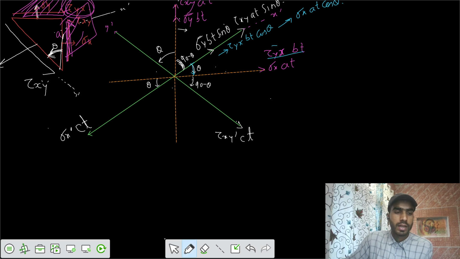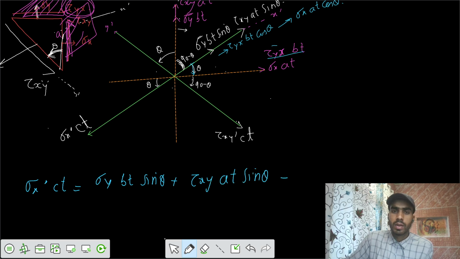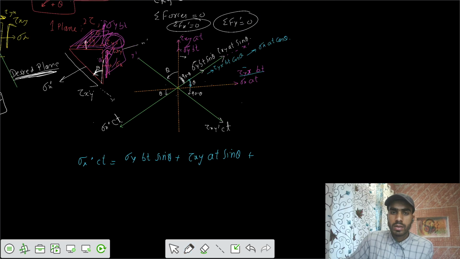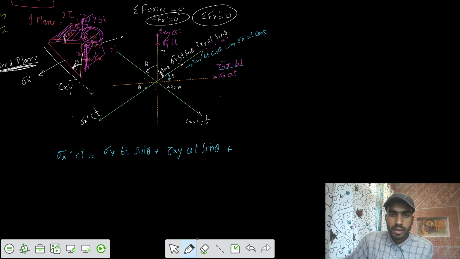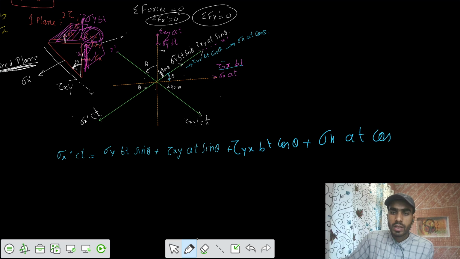Let's write that sigma x dash CT equals the sum of all those values: sigma y BT sine theta plus tau xy AT sine theta plus tau yx BT cos theta plus sigma x AT cos theta.